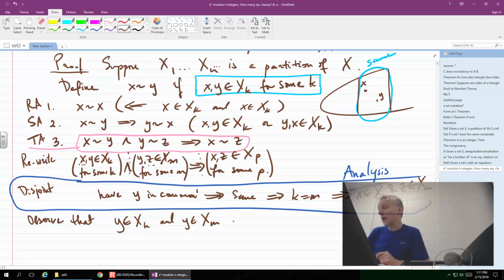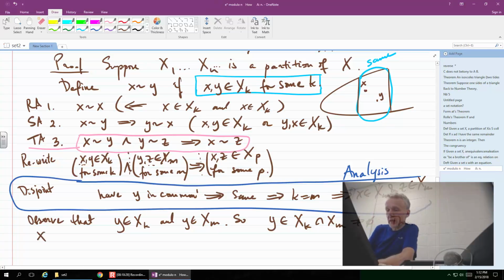Okay, one step at a time. I'll say simply, by definition of intersection, y belongs to the intersection of X sub k and X sub m, which makes it non-empty.